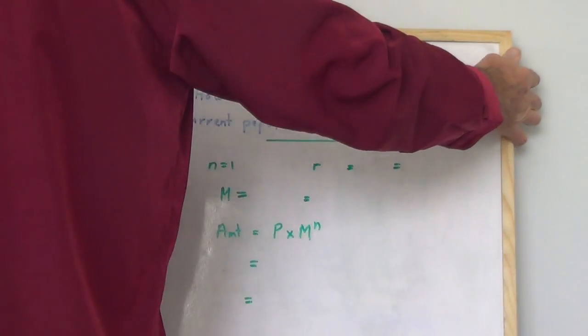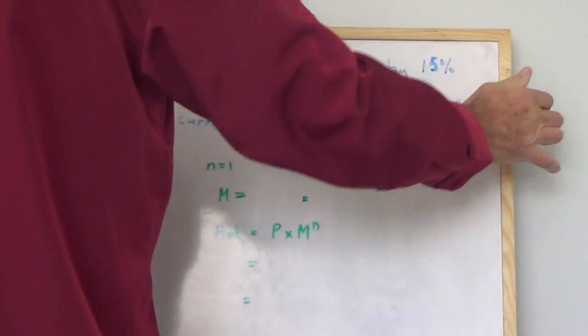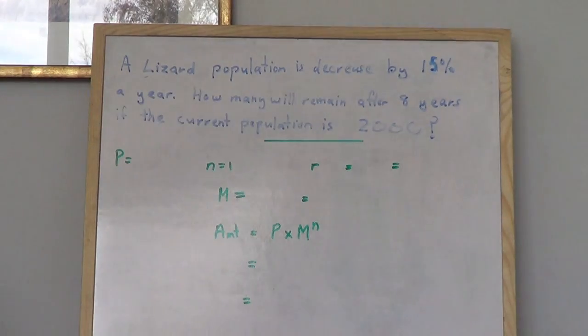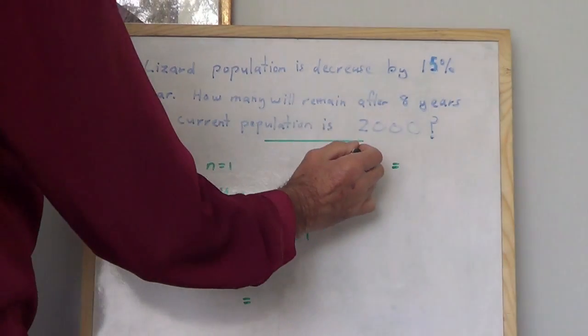And we'll do one more. In this one, the lizard population is decreasing by 15% a year. That means that R will be equal to minus 15.